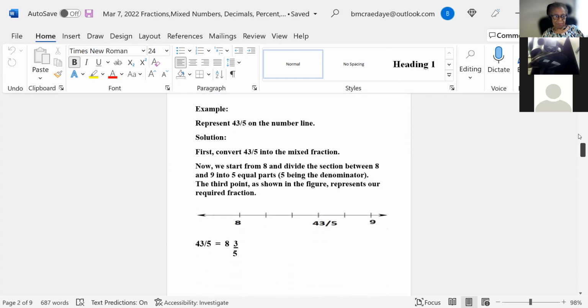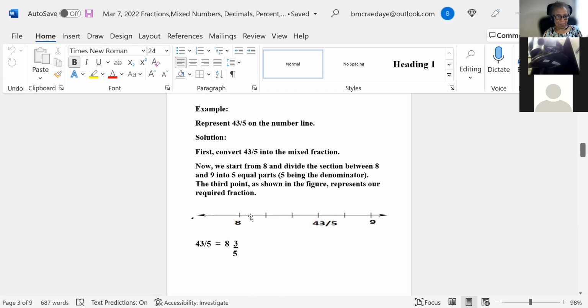Now I have here, how would you represent 43 over 5 on the number line? Divide 43 by 5, you get the mixed number 8 and 3/5. That means on your number line, 43 over 5 is found between the 8 and the 9 because it's the mixed number 8 and 3/5.